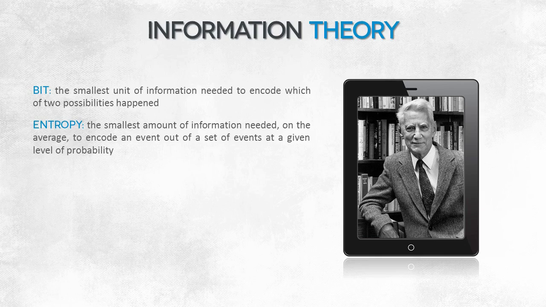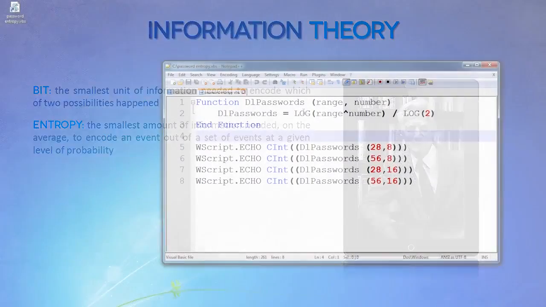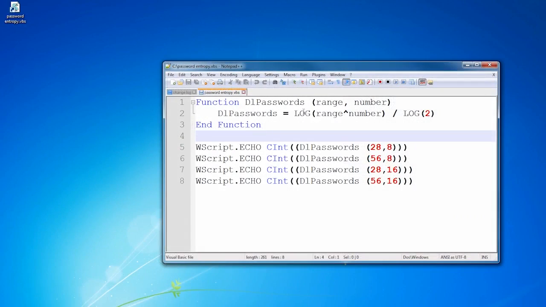Let's start with a simple example. Let's take a look at a short script that we'll launch in a moment. This short script is designed to calculate the password entropy in bits. We'll have to calculate a logarithm for multiplying two values. The first variable, range, specifies the range of possibilities determined in the definition.